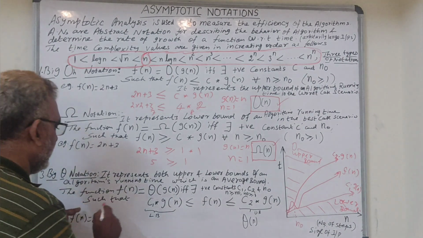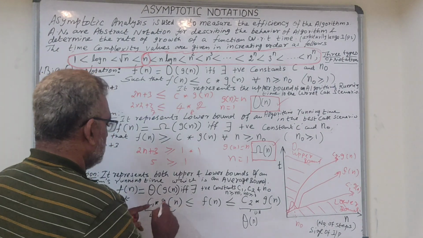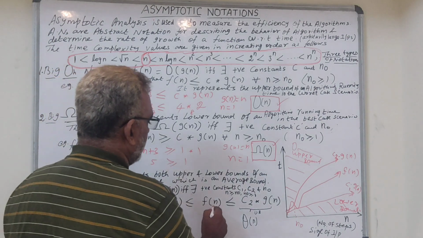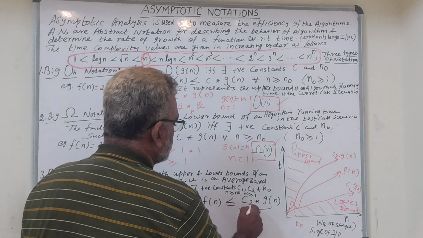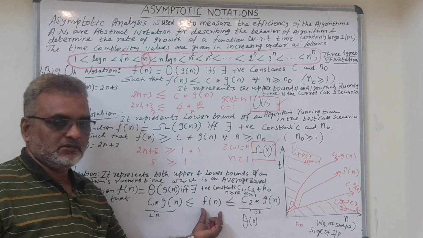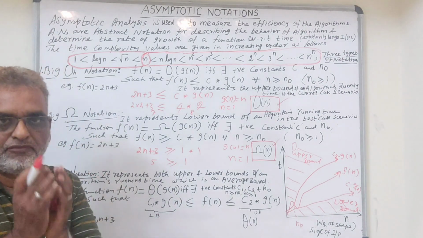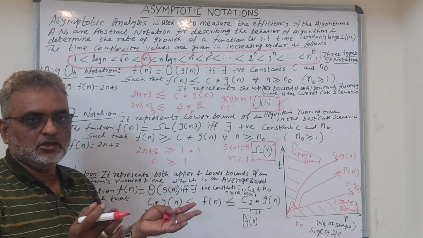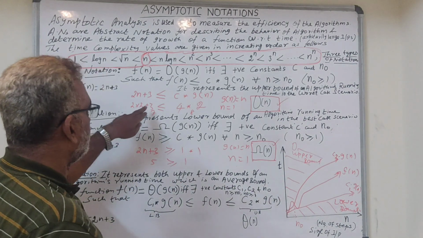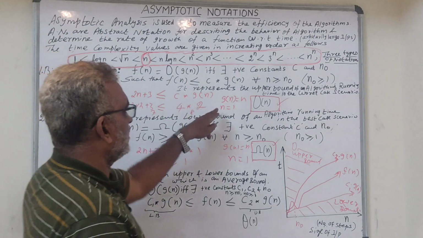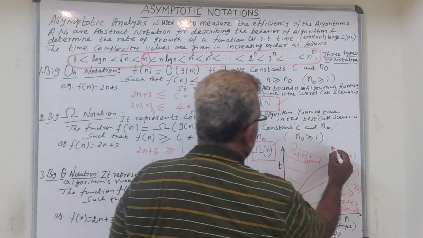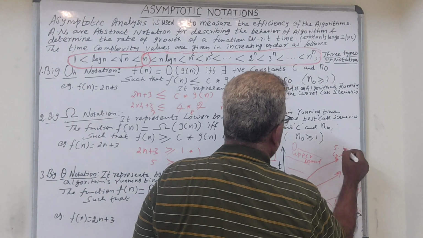So in that way we have the condition c1 into g of n less than or equal to f of n less than or equal to c2 into g of n. So this is the condition in which the value of f of n is between the lower bound and the upper bound. In the previous example, the upper bound value, we consider the minimum value is 5, so that is 5 into 1.